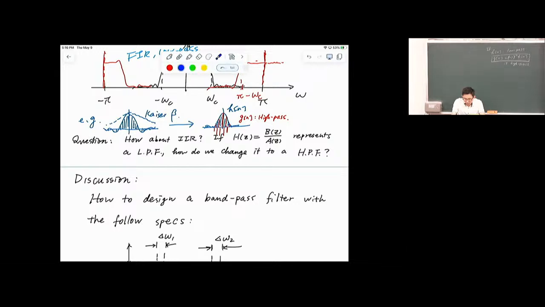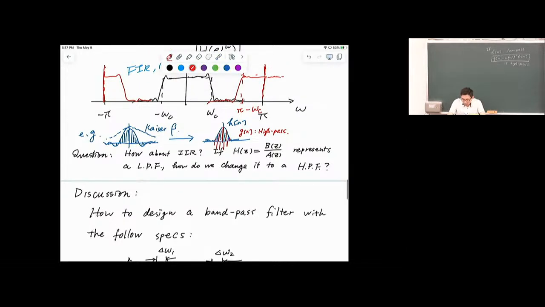In FIR, once you get your filter H or G, you can convolve with your input with G of n. Just convolve them, and the system produces the output. This is a high pass filter. For FIR, it's pretty clear. But how about IIR?